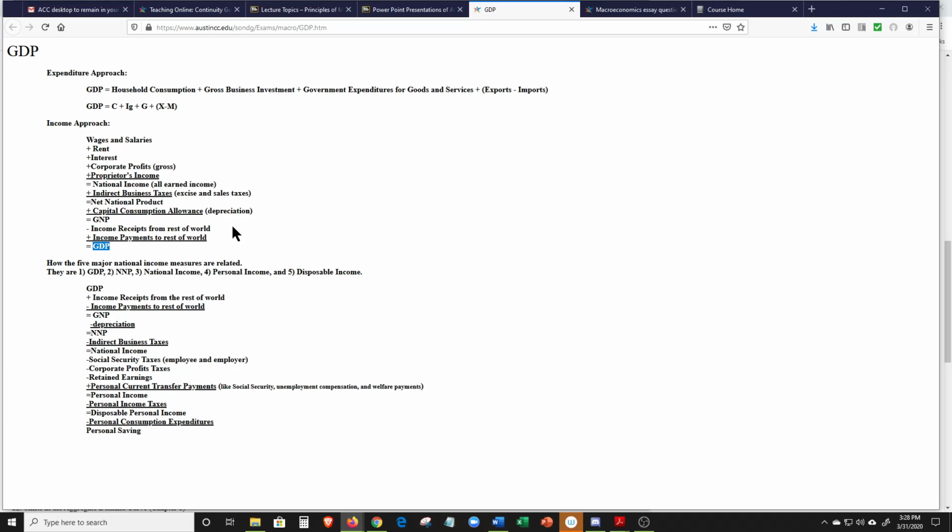And then we have to add the income payments United States corporations and governments made to people around the rest of the world, foreigners, in the form of wages and salaries, rent, interest, and profit. And by doing that subtraction and addition, we get to GDP.